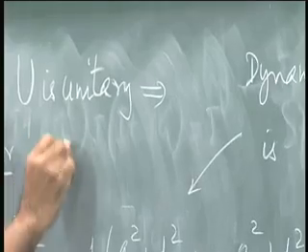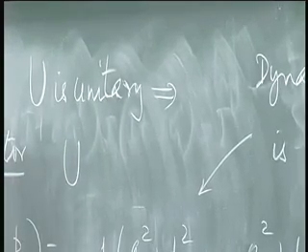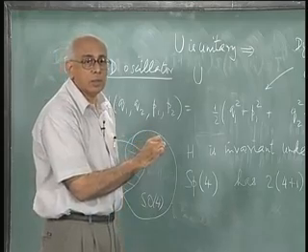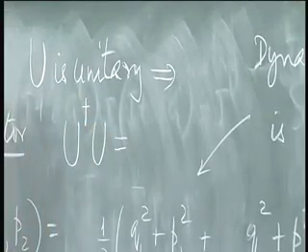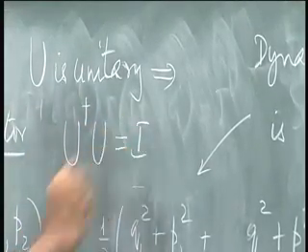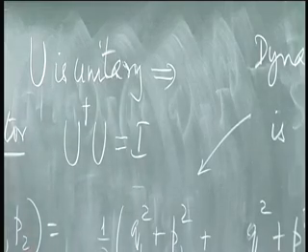It implies that the complex conjugate transpose, called the Hermitian conjugate U dagger, on U must be equal to the identity matrix. In other words, the inverse is equal to the Hermitian conjugate, not the transpose alone but complex conjugate transpose. That is a unitary matrix.